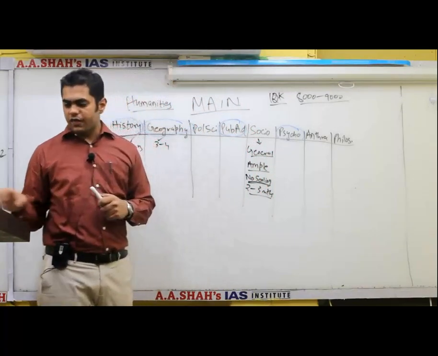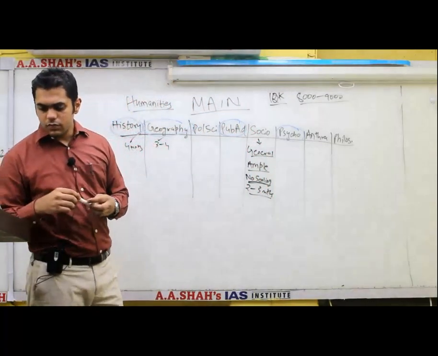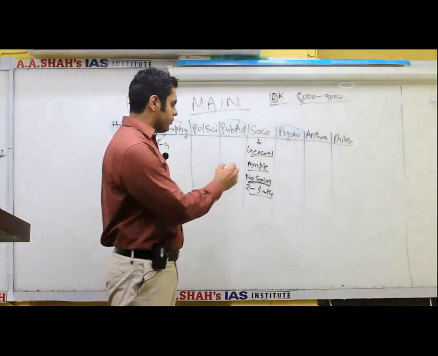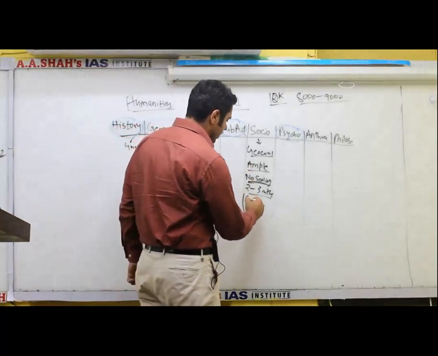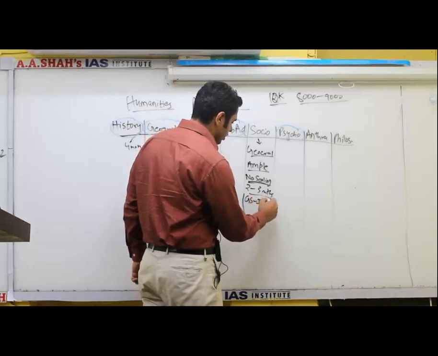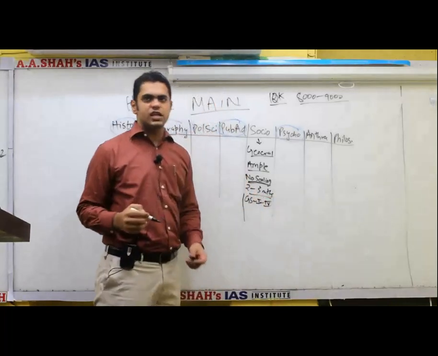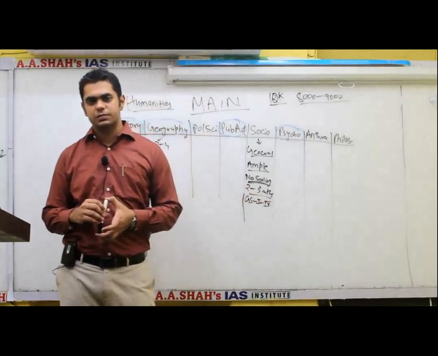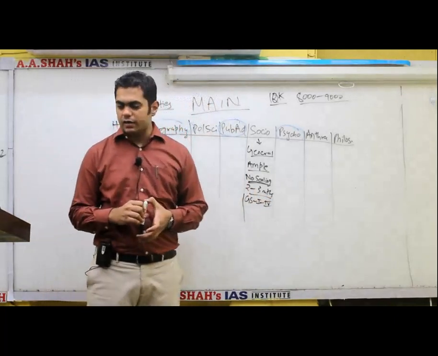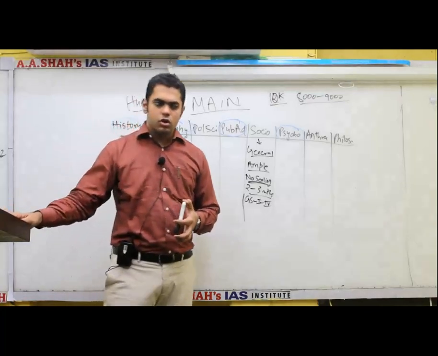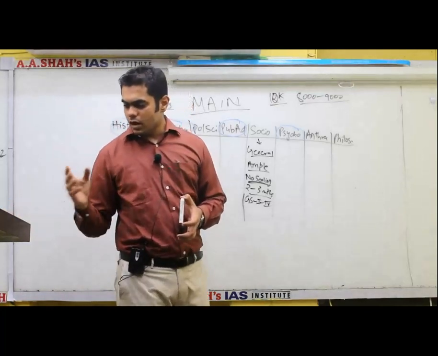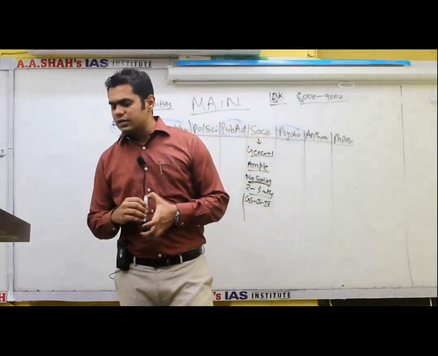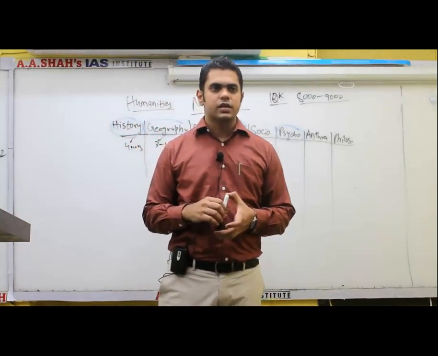Then another factor which we discussed is the overlapping nature of the optional with the GS. Now if you see sociology, it will be helpful for you in GS paper 1 to 4. Majorly in GS paper 1, where it contributes around 70 to 100 marks of your GS paper 1. But apart from that, even in GS paper 2, you have issues like pressure groups, NGOs, and civil services in democracy.